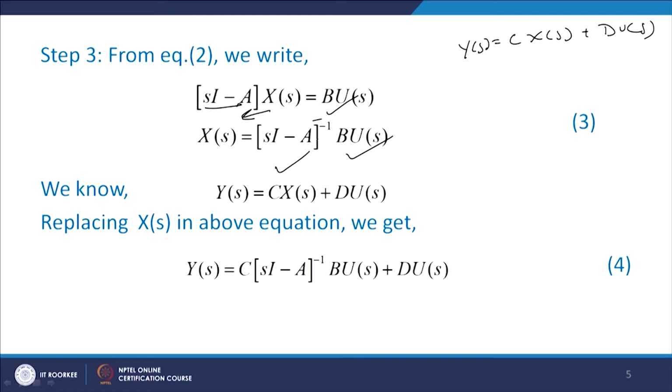So, we replace the value of X(s) in this equation. When we replace X(s), what do we get? We get Y(s) equal to C (sI minus A) inverse B U(s) plus D U(s).